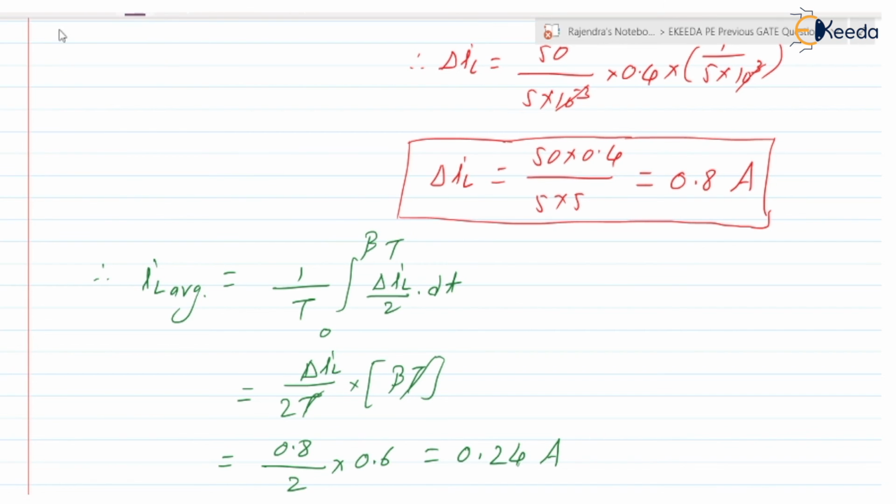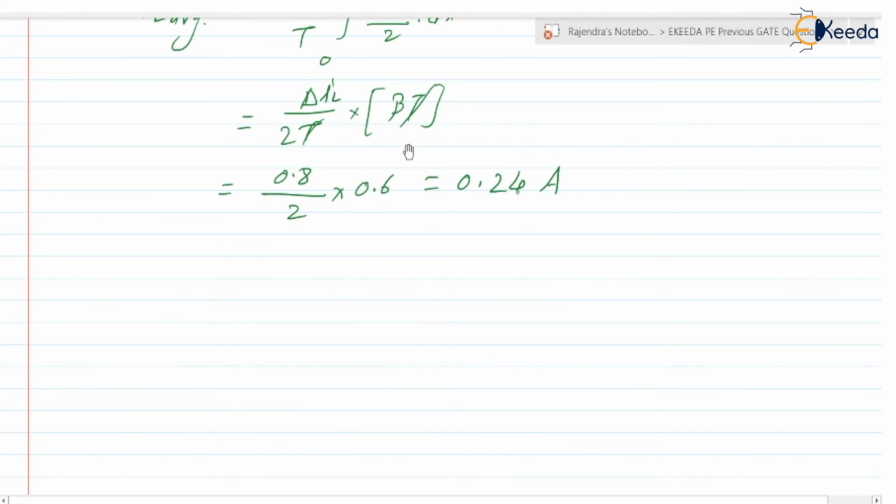So therefore the power transferred from B1 to B2 is equal to Vs into IL average.